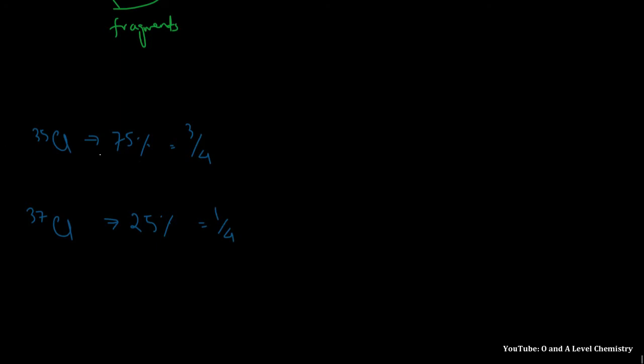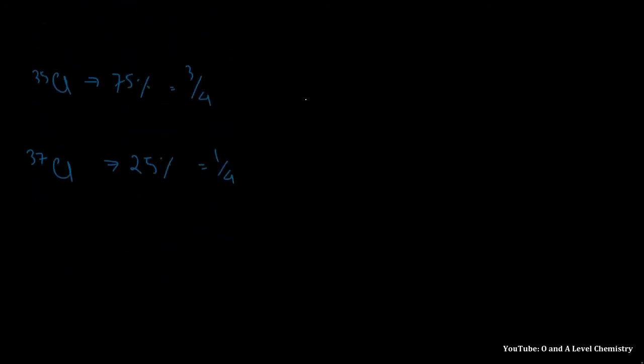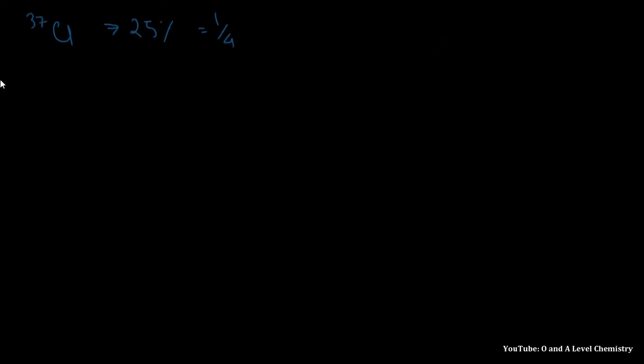So now if we insert a chlorine sample, a Cl2 sample, inside a mass spectrometer, the ways in which a Cl2 molecule could form are 35 chlorine bonding with another 35 chlorine, 35 chlorine bonding with a 37 chlorine, or a 37 chlorine bonding with a 35 chlorine.